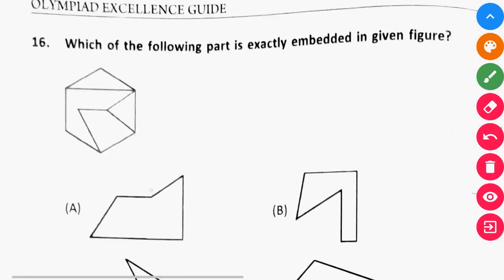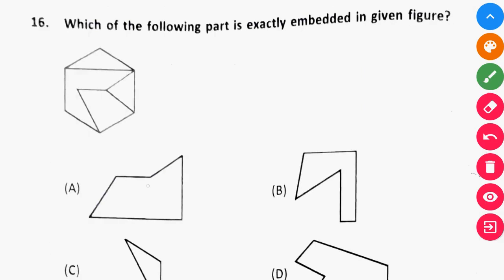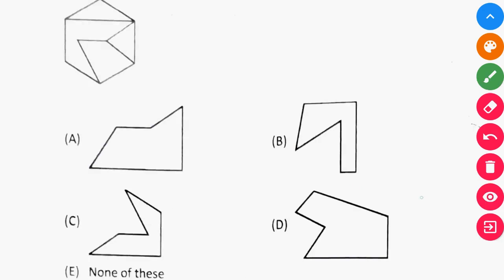Now we have to check the embedded part in the figure given below. Now see, first part. Is there any such big portion in the figure? No. Okay. Because it has the angular portion, but it is not as big as shown here. Now this one. No. Okay. Then go to the next.